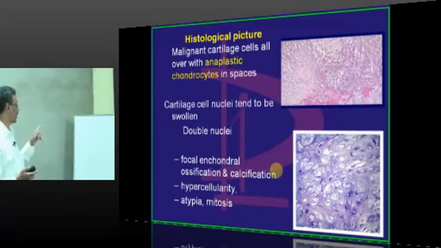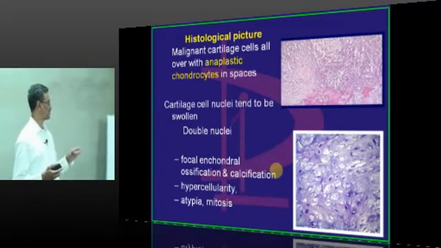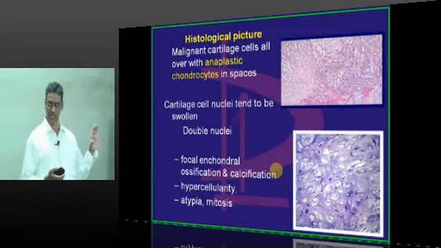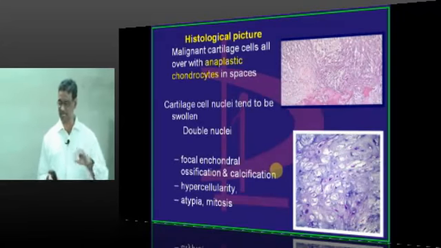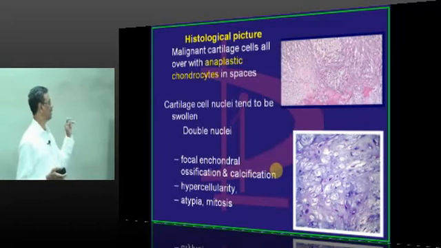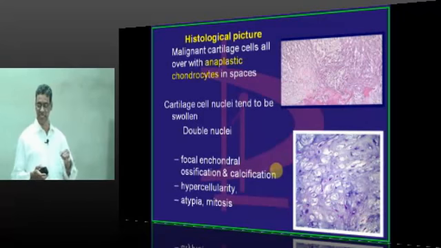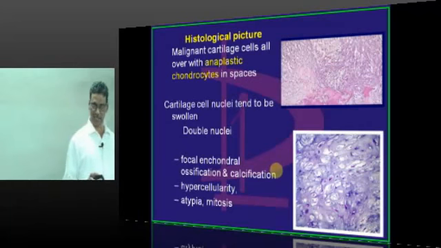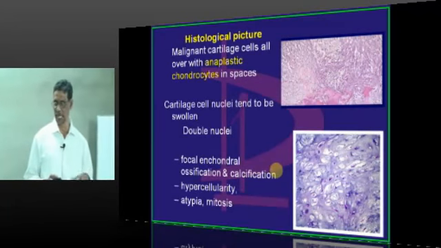There is rapid endochondral ossification and then calcification, and there is hypercellularity, which is almost typical of every malignant tumor, with atypia and mitosis. But the important character to see here is that the cartilage cells tend to be swollen with double nuclei. Most cartilage tumor cells will have double nuclei.